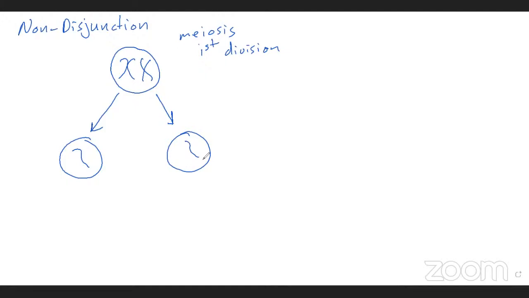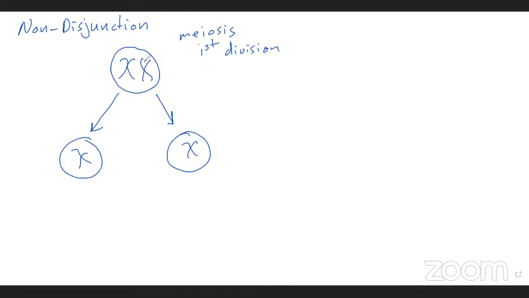Or is it this? This is mitosis and meiosis. Meiosis after the first division. I'm skipping metaphase, anaphase, telophase, but going straight to cytokinesis where it splits up.